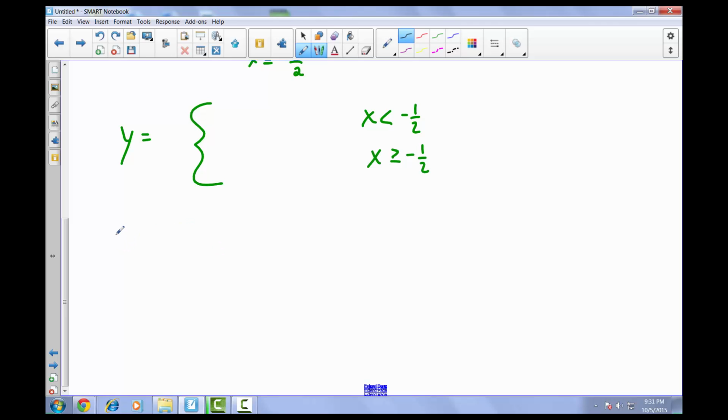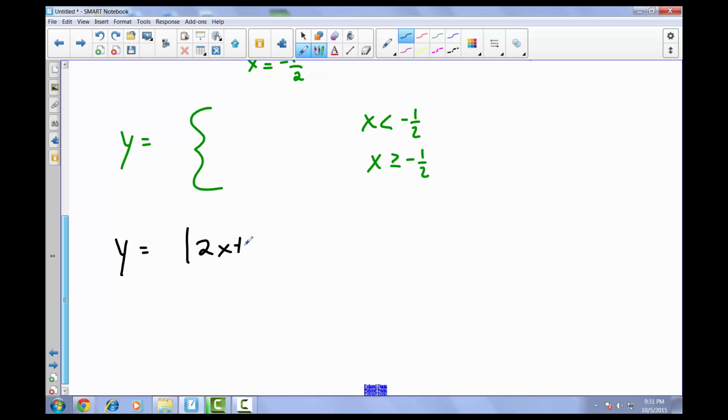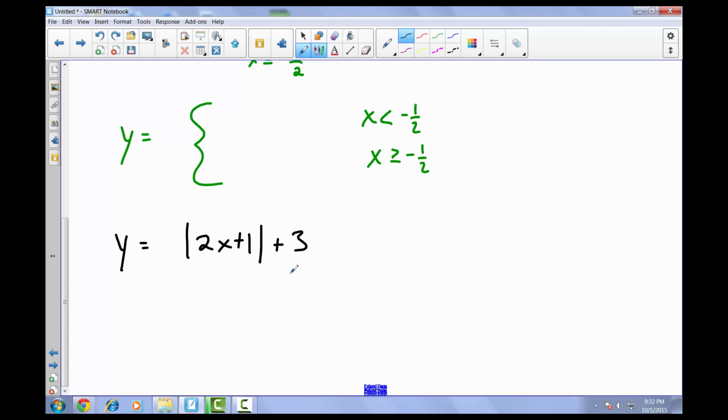Now what we're going to do is take our function y is equal to the absolute value of 2x plus 1 plus 3, and instead of these absolute value bars, we're going to substitute in a parenthesis. For our other one, we're pretty much just going to rewrite literally the same thing: y is equal to 2x plus 1 plus 3, but instead we're going to add a negative 1 in front of that.